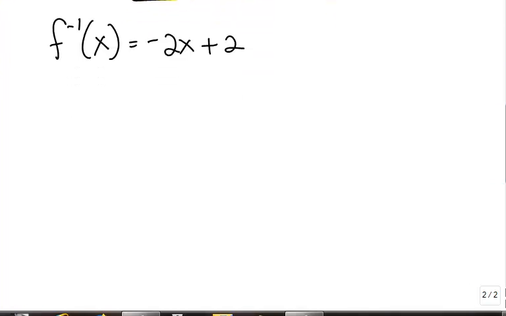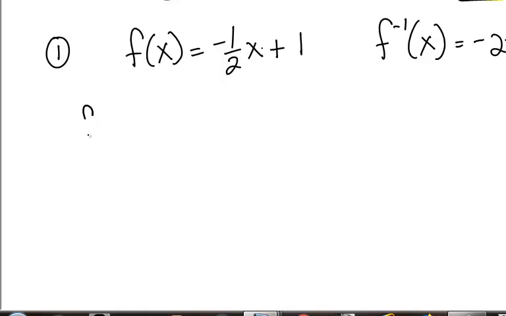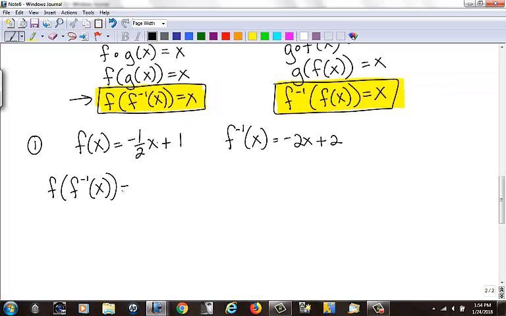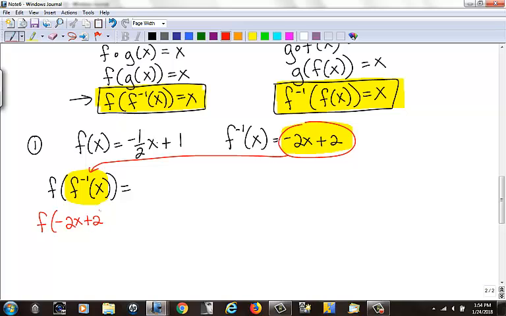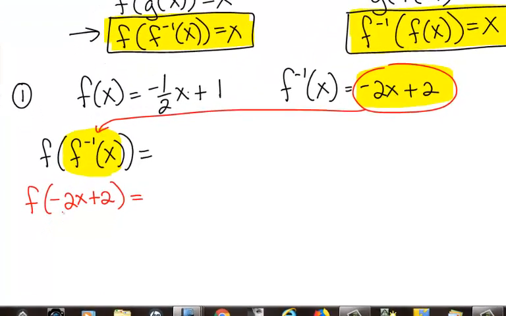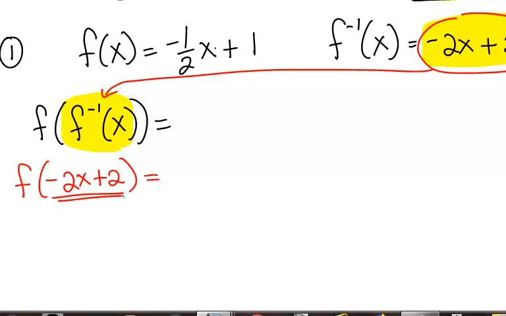Now we have to do both compositions and prove that we get back to x. Let's do f of f inverse of x first. Do the innermost group first: put negative 2x plus 2 in for f inverse, so you have f of negative 2x plus 2. That says everywhere you see an x in the f function, you substitute this in.